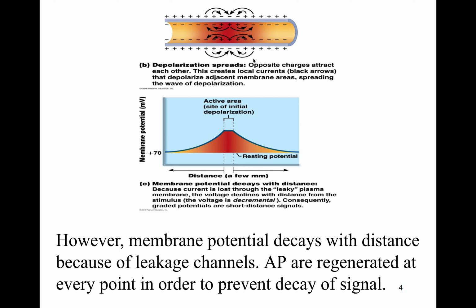And it's then going to initiate an action potential in that adjacent region of the membrane. So action potentials are going to be regenerated at every single point along that axon in order to prevent the decay of the signal.